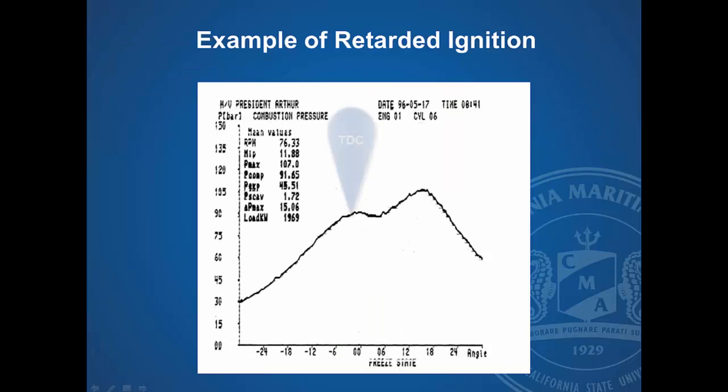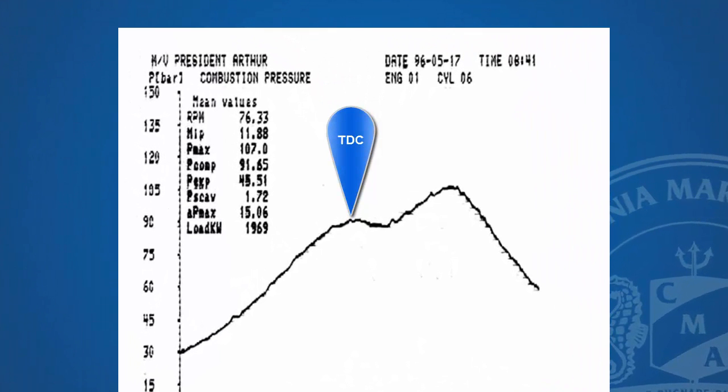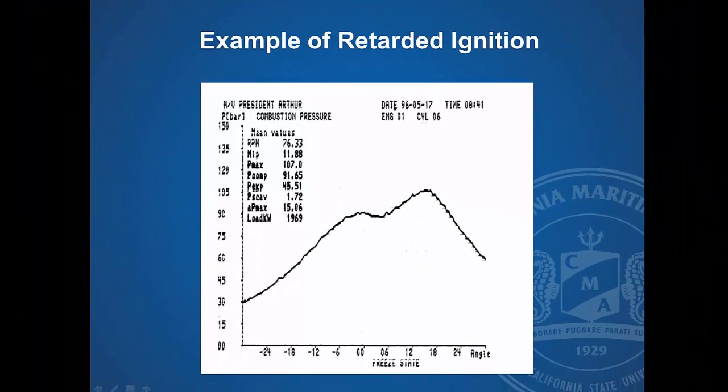This is just a close-up at the top and near the peak, and you can see where your compression pressures came up to a maximum at top dead center, and the volume's starting to get bigger, the pressure's going down, and then ignition occurs. That's fairly indicative of a slow-speed crosshead engine that has retarded ignition due to fuel quality.